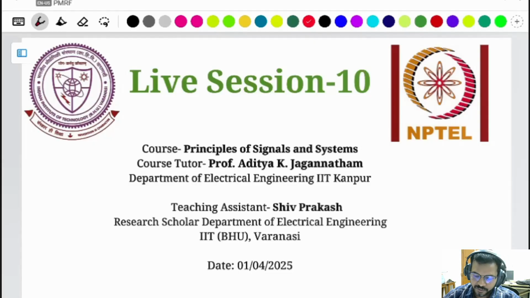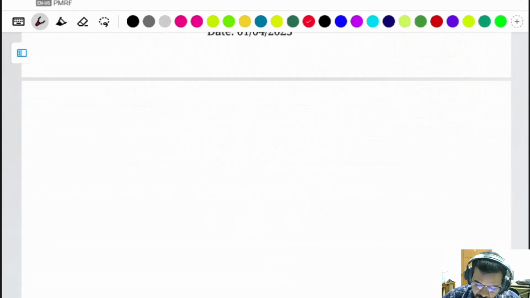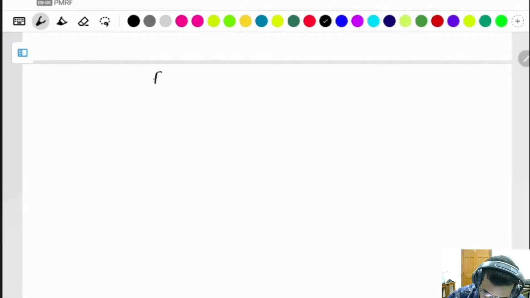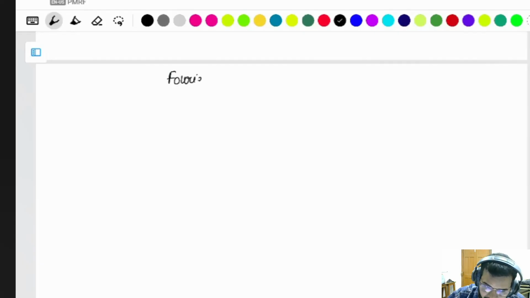Okay. Now we start the Fourier transform. How can you find the Fourier transform of a given function? Like other transforms, the Fourier transform is approximately the same.